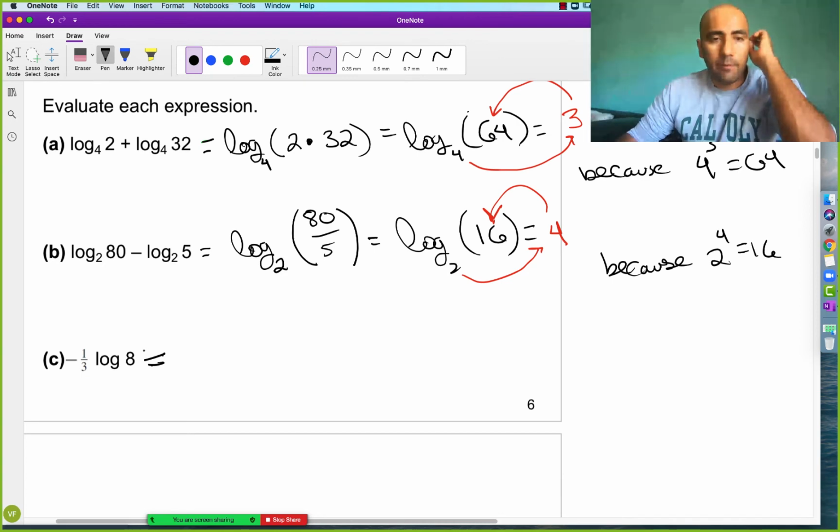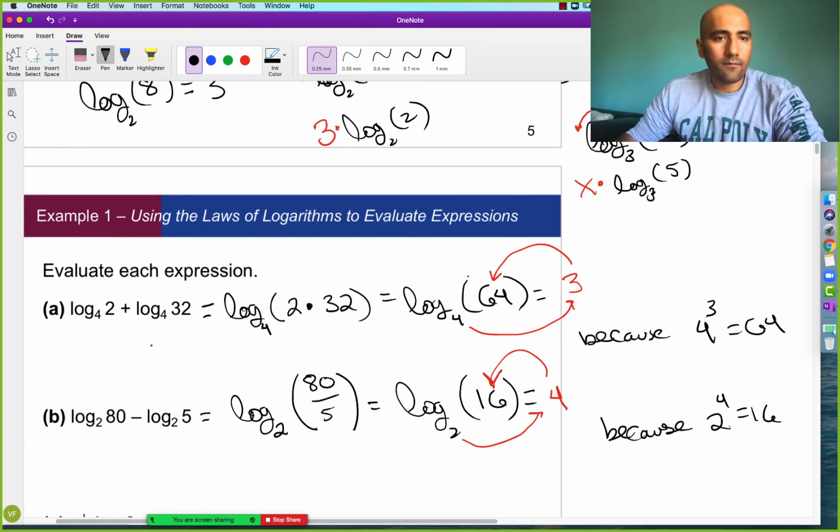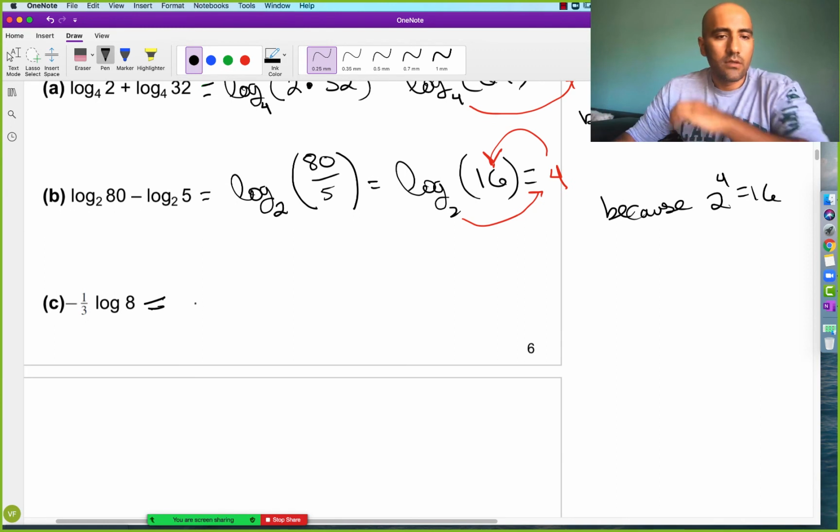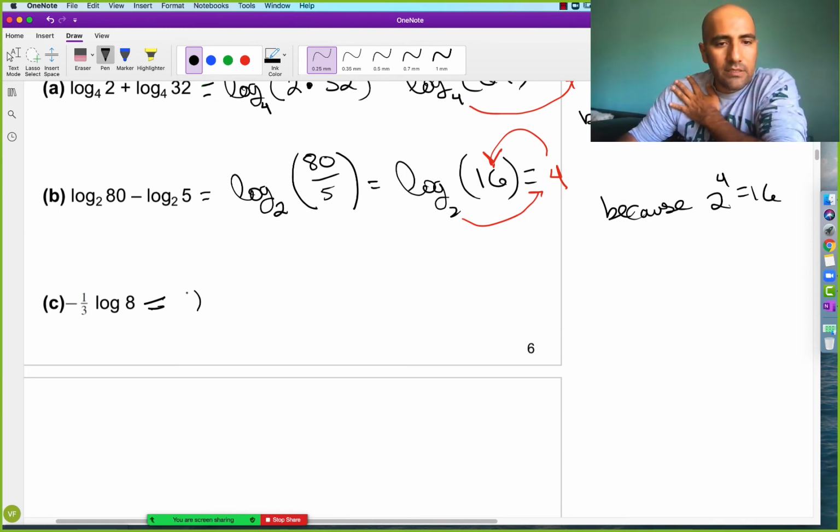According to our third property, if we have a constant out here, we can rewrite it as a log with this value in the argument of the function raised to the power of this constant out here. So according to that property, this is the same thing as log of 8 to the power of negative 1/3.